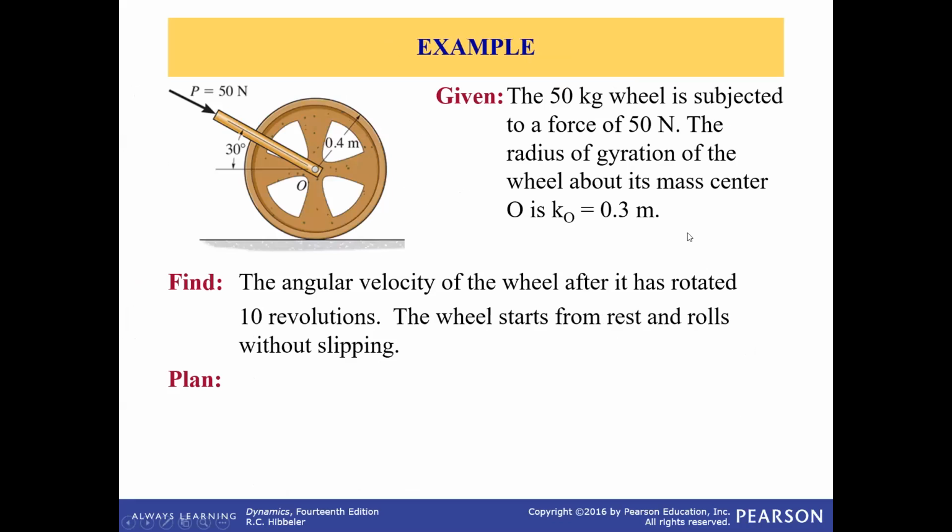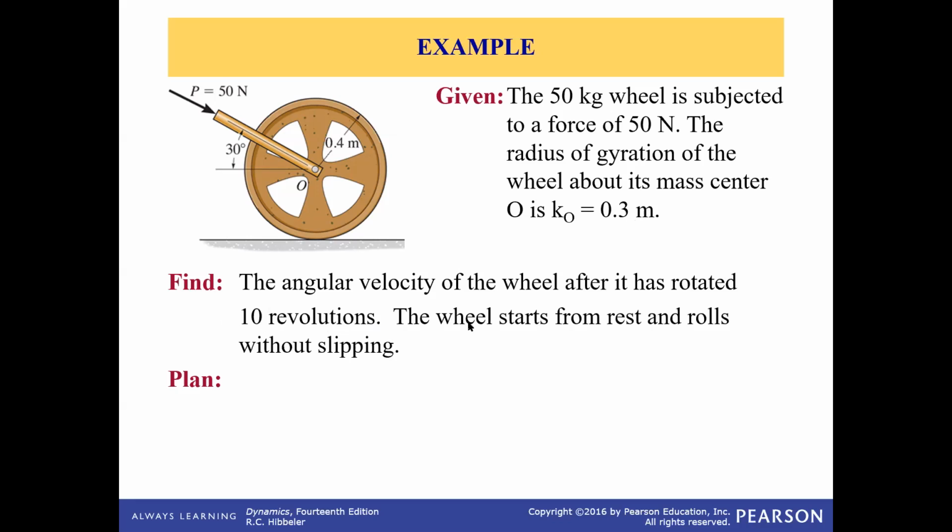This example says if this 50 kilogram wheel is subject to a force of 50 newtons, the radius of gyration of the wheel about its center of mass O is KO equal to 0.3. It's asking you the angular velocity of the wheel after it has rotated 10 revolutions.